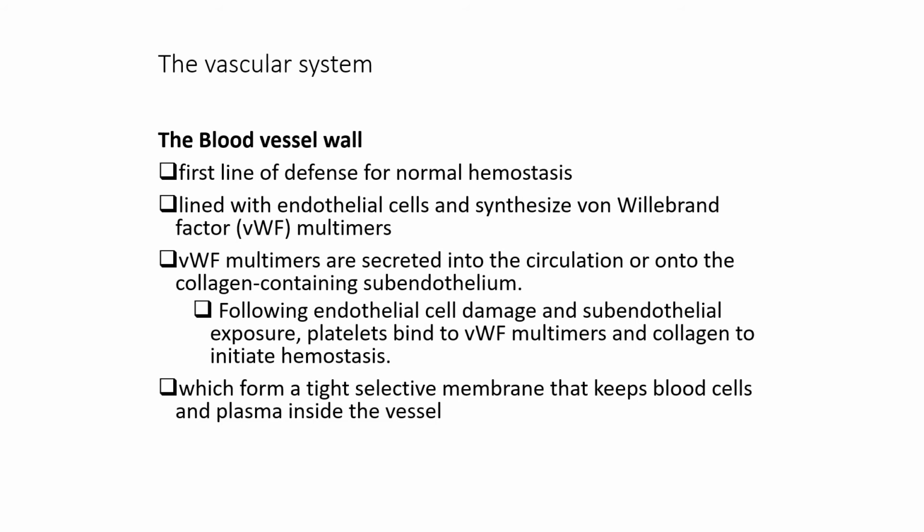After there is damage to the endothelial cells, the platelets will bind to the VWF and the collagen, and this will be the start of hemostasis. This forms a tight selective membrane that prevents blood cells and plasma from escaping the blood vessels.